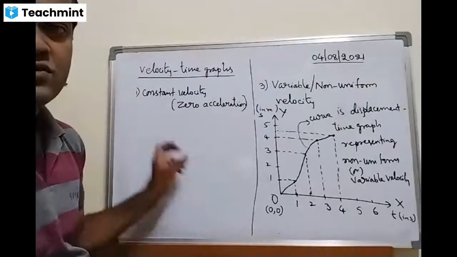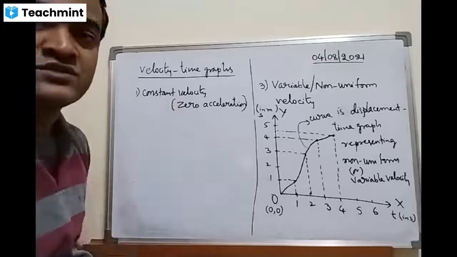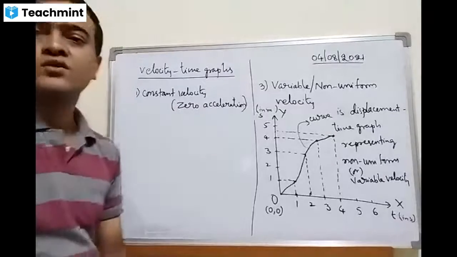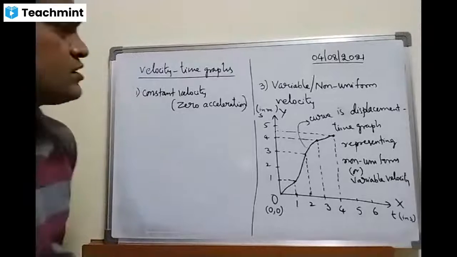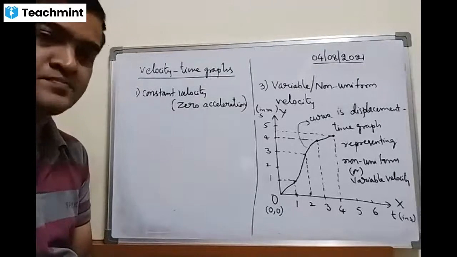Okay, Anna. So constant velocity, it is also called zero acceleration, constant velocity or zero acceleration. The graph looks like this.